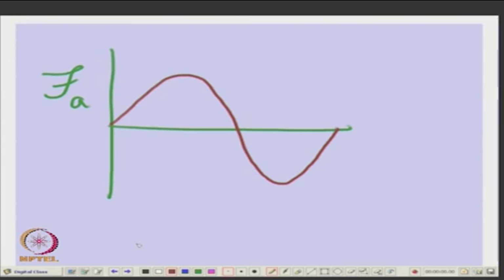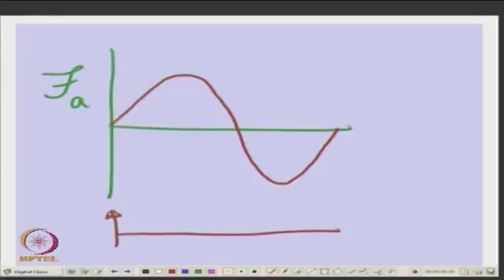Now, if this is the MMF that has to be produced in the air gap, the current distribution should also be there. In fact, ideally, the current distribution in space, of course displaced with this, should also be sinusoidal, which means you can have a current sheet. There is a concept of a current sheet.